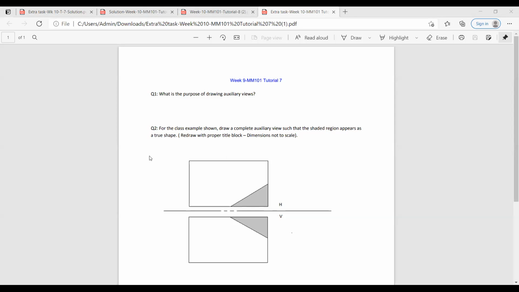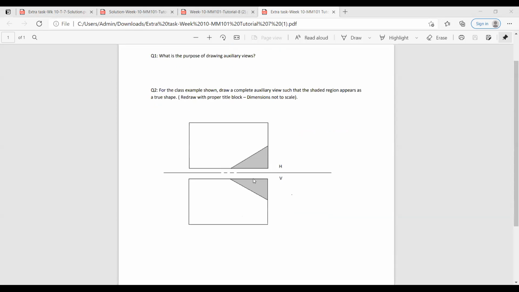Okay, so in this question here, we are given a standard block, and it has a cut taken out on one of the corners, and we have to draw the auxiliary view of this shape. Now, some of you may notice straight away that doing a single auxiliary view will not clearly define the true shape.